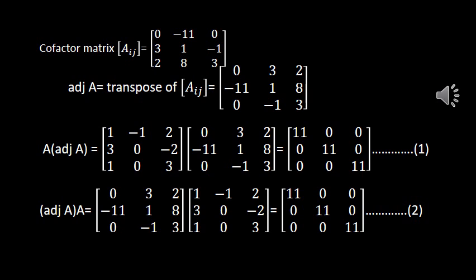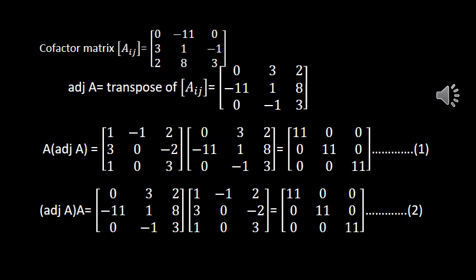Now the sum of the products of elements of row 1 with the corresponding elements of column 2 is the second element. Similarly, the third element is the sum of the products of row 1 with the corresponding elements of column 3.